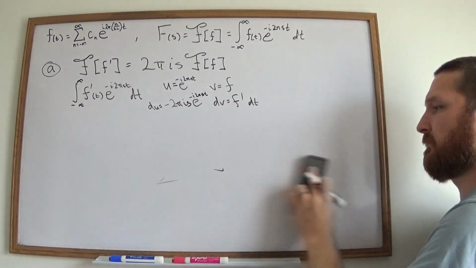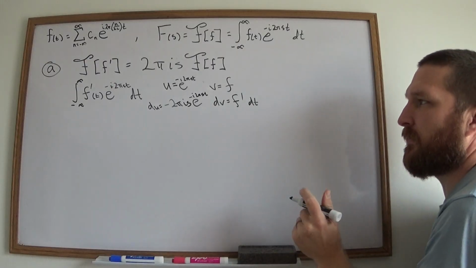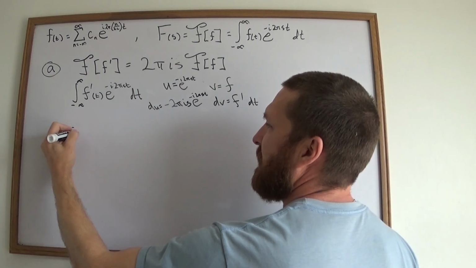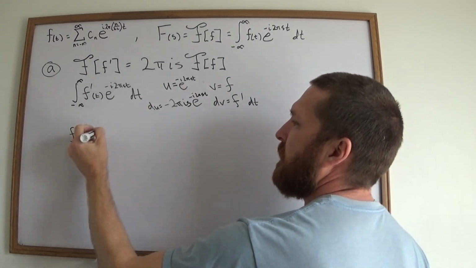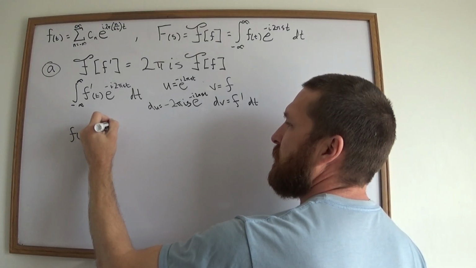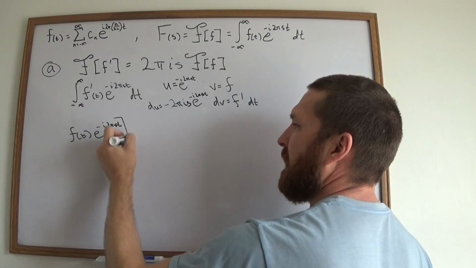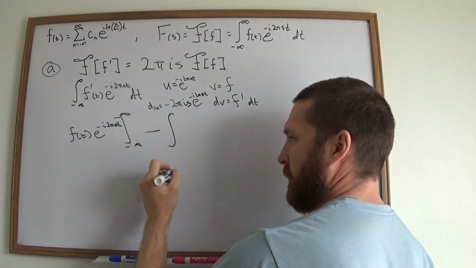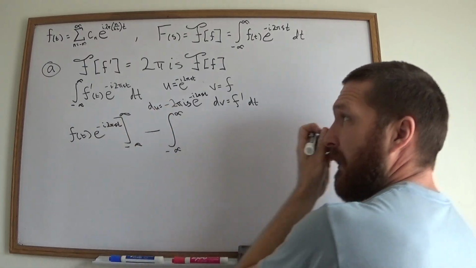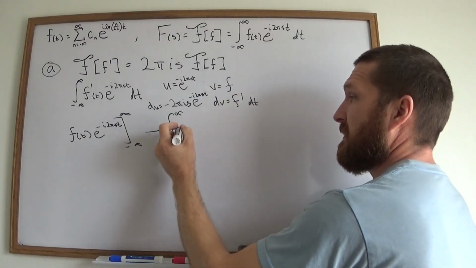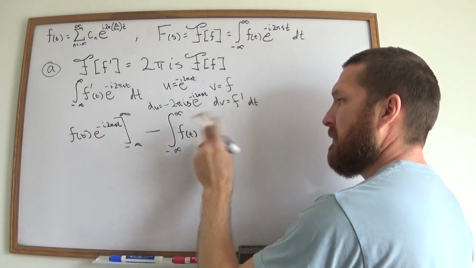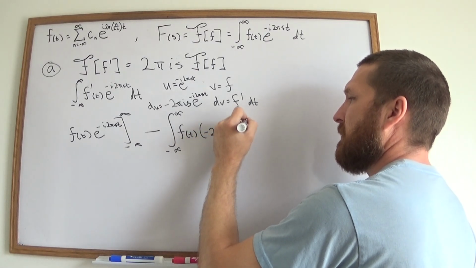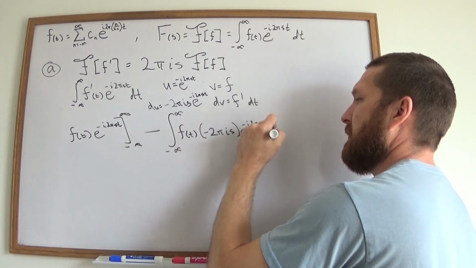Okay, all right, now, uv minus the integral of v du. u times v is going to be f of t times e to the minus i 2 pi st, evaluated at infinity and negative infinity, minus the integral from negative infinity to infinity of v du. v is f of t, and du is minus 2 pi i s e to the minus i 2 pi st dt.